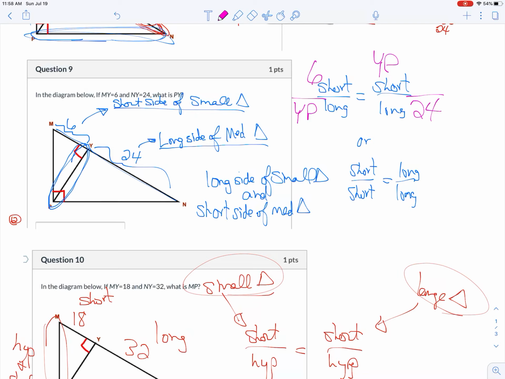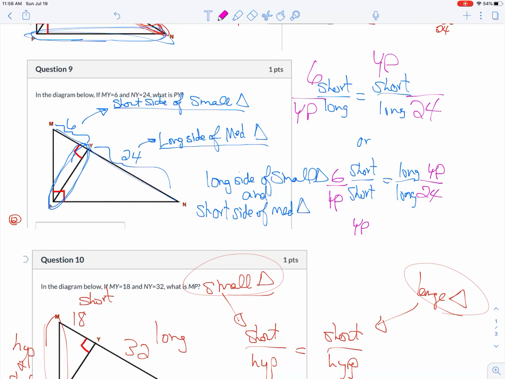Or you could say short is to long as short is to long. You could also do 6 is to YP, so short is to short as long is to long, and you get the same thing.